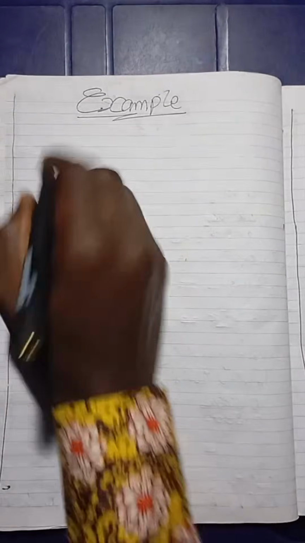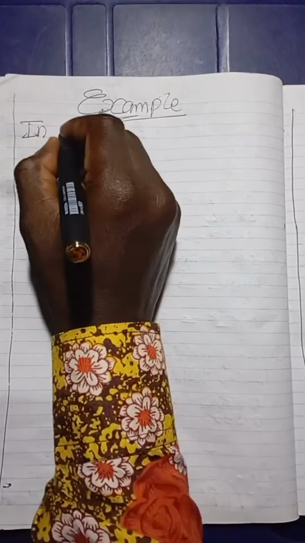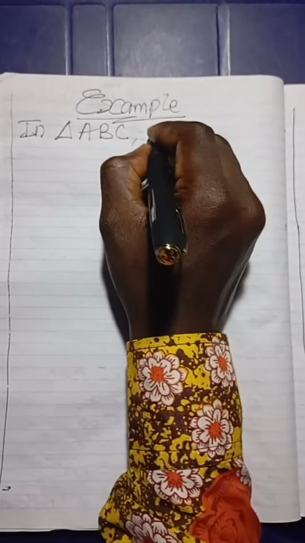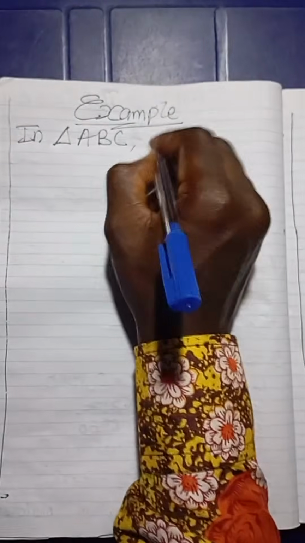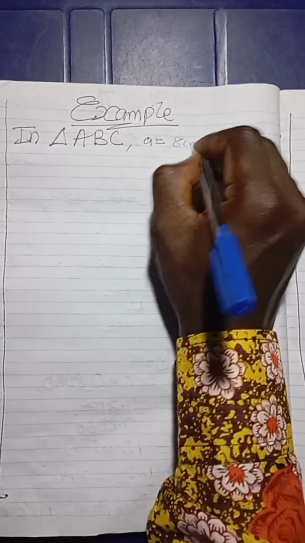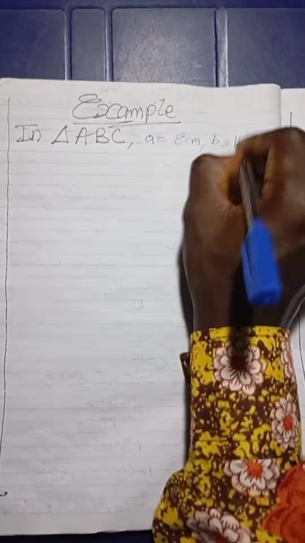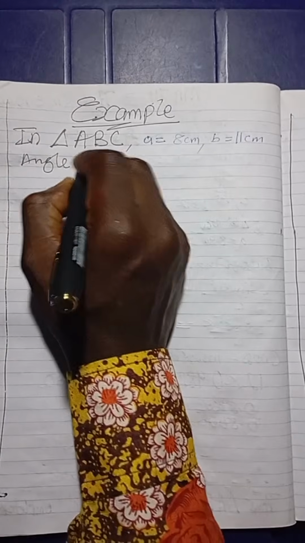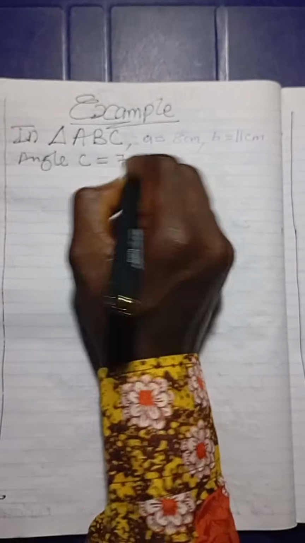Example 2, I have in triangle ABC. Also, we are still going to use triangle ABC. I hope you can see it. I have here that A is equal to 8 cm, B is 11 cm, then angle is 75 degrees.